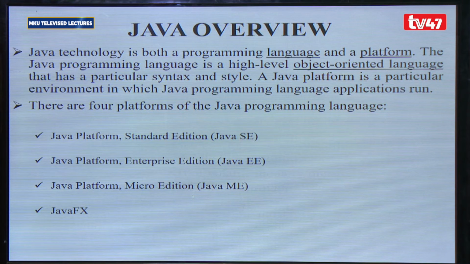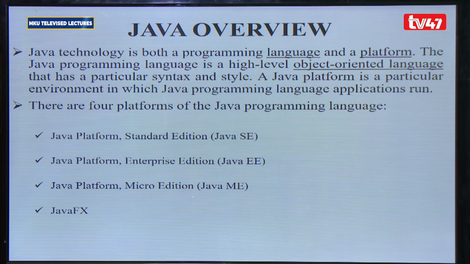So let's discuss the Java overview. People will ask you, is Java a programming language or a platform? It's a very simple answer. Java is both a programming language and a platform.